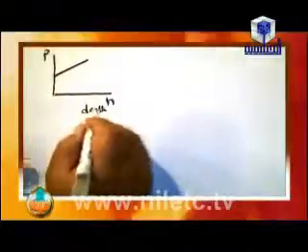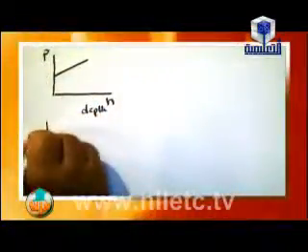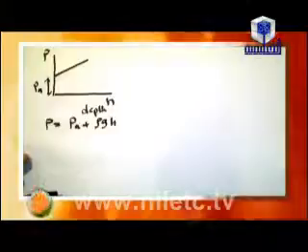This is a straight line. The rule which relates depth and pressure is P equals PA plus rho GH. This value PA is called atmospheric pressure.